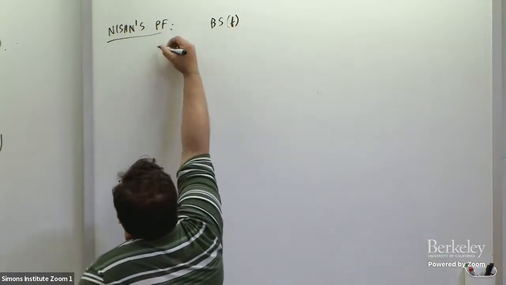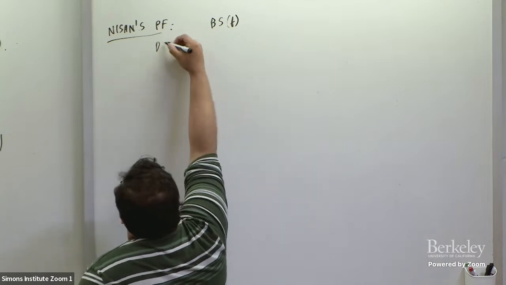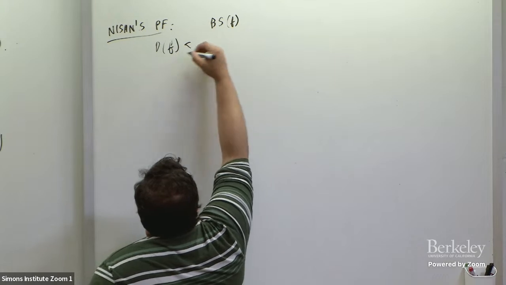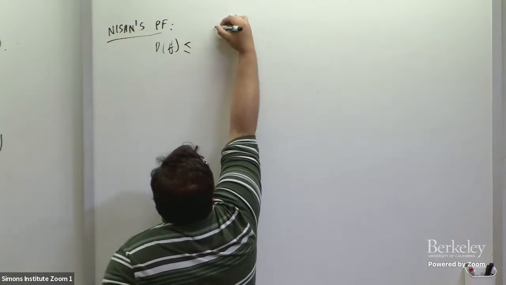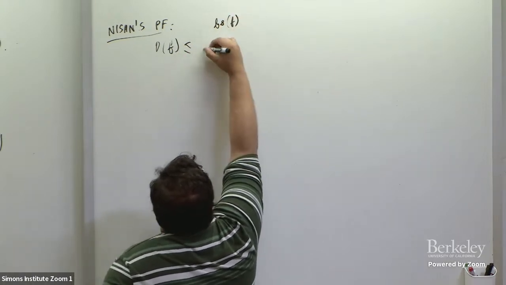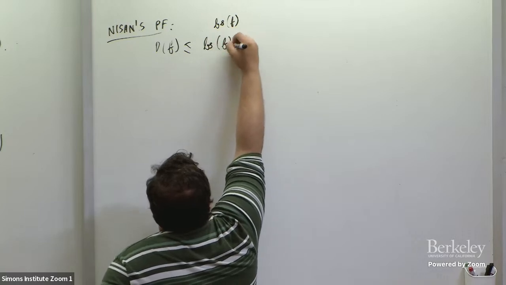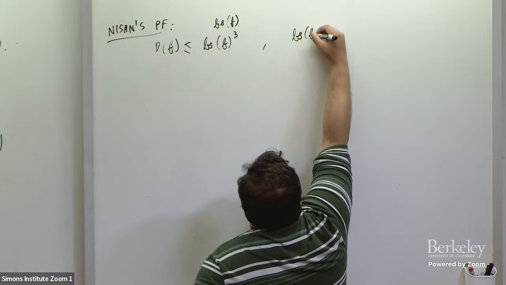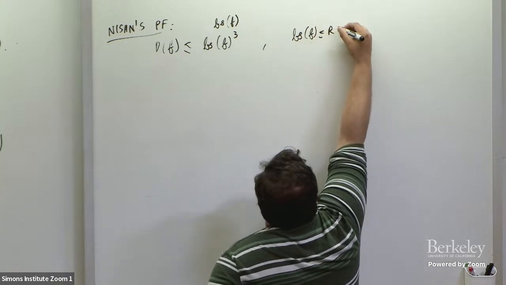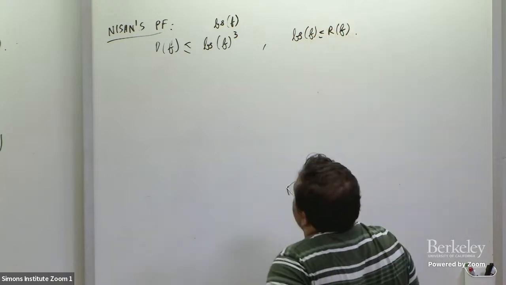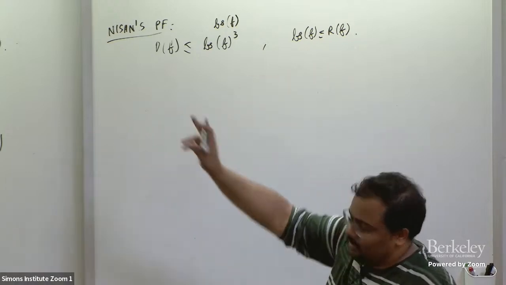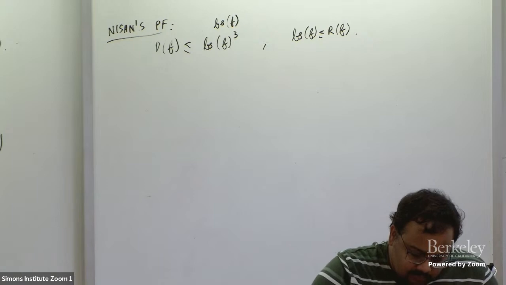And then what Nisan went on to show, via some other intermediate combinatorial measures as well, showed that small b is less than that. So just combining these two gives you Nisan's result over there.